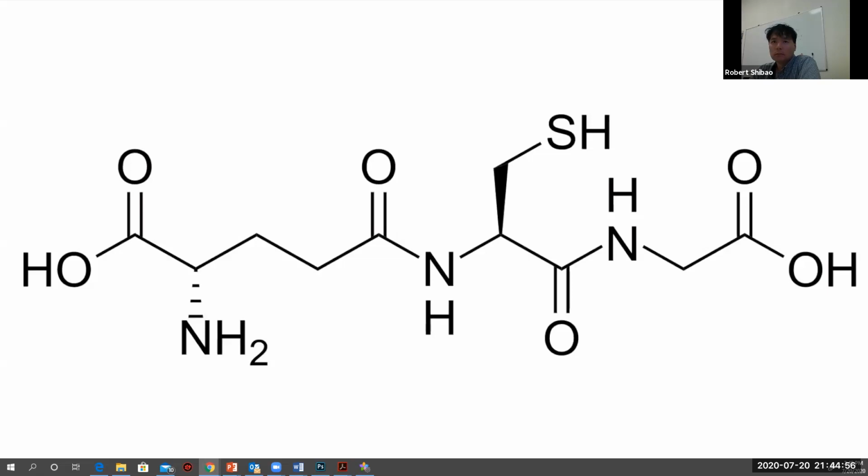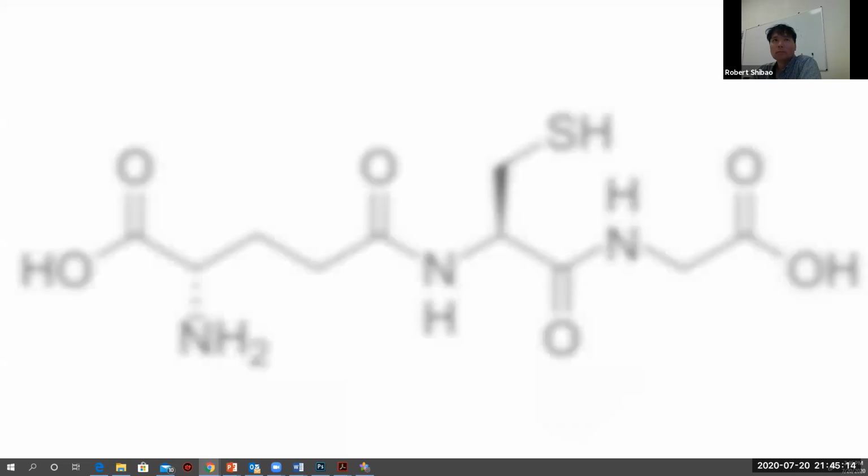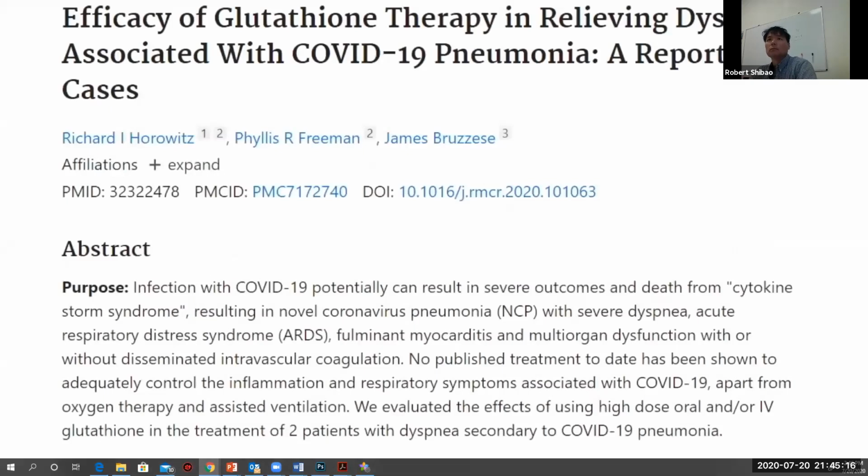And that's important because we talked about giving N-acetylcysteine as a way of recharging this SH group in patients with oxidized glutathione. But what would happen if you actually just gave glutathione? And I received a number of comments regarding this. Well, here is a published report of 2 cases with COVID-19 that were treated with glutathione.